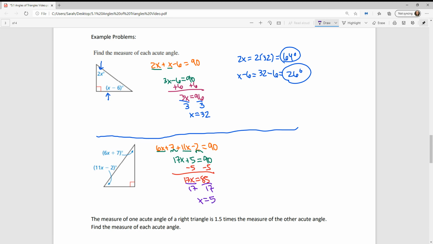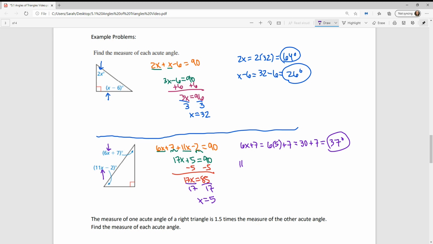We're not done yet, though, because remember, we want the measures of the angles, not just what x is. So we need to plug x equals 5 in here and x equals 5 in here. So let's start with that top angle. 6x plus 7 is really going to be 6 times 5 plus 7. 6 times 5 is 30, plus 7 is 37 degrees. So one of the angles is 37 degrees.